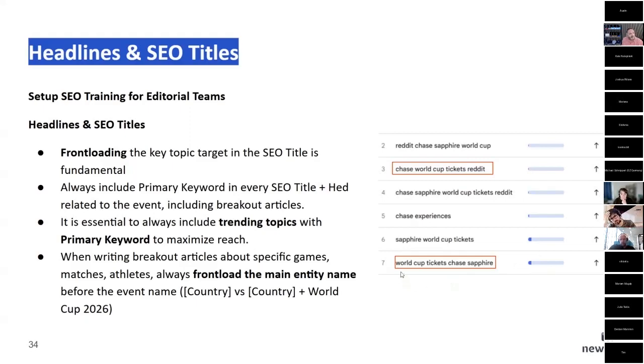So here, World Cup tickets, Chase Sapphire, or Chase World Cup tickets Sapphire. You need to front-load your headlines with the most important entities for your article. We're not saying just start with World Cup 2026, no. What are the most important entities for that story? But do not forget your primary terms.